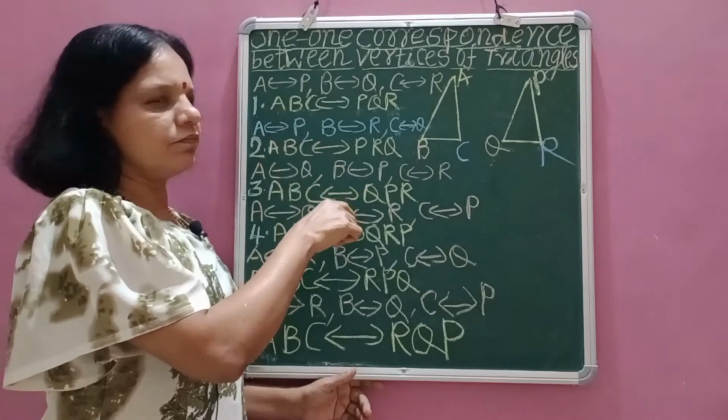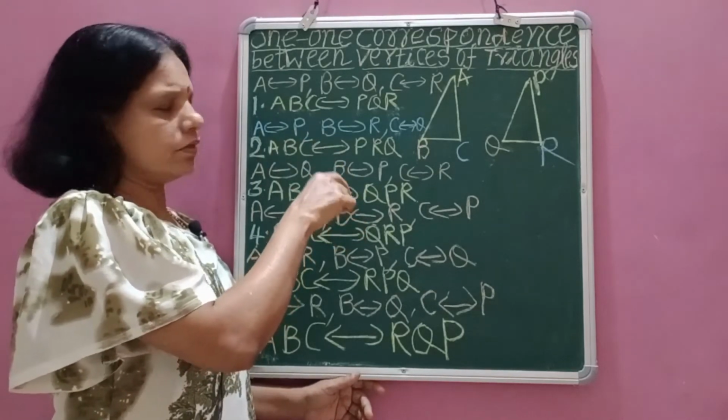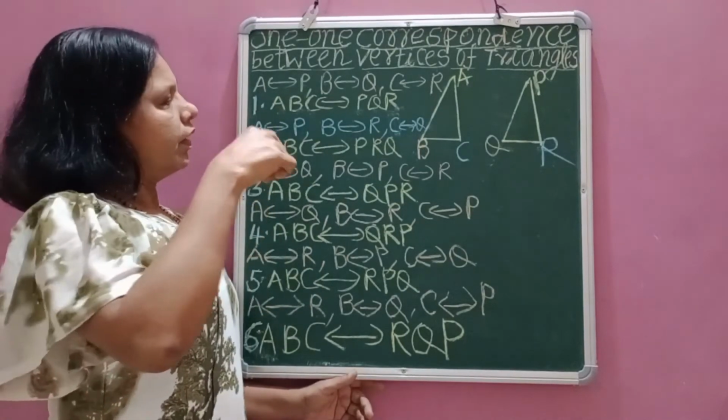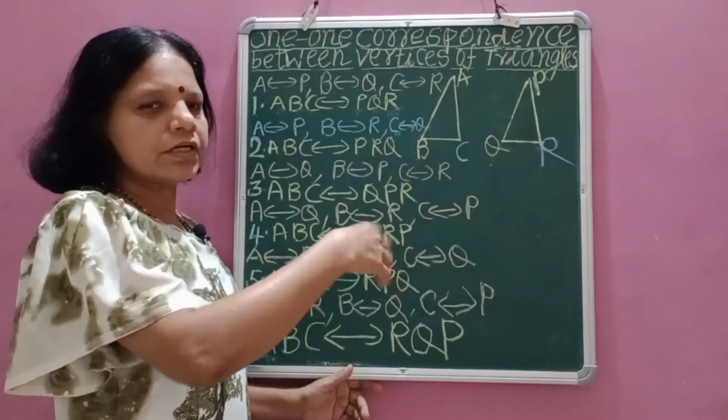Another way, the second way: A corresponds to P only, and the other two vertices' relation is interchanged.